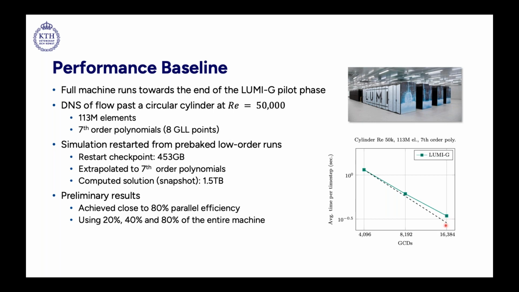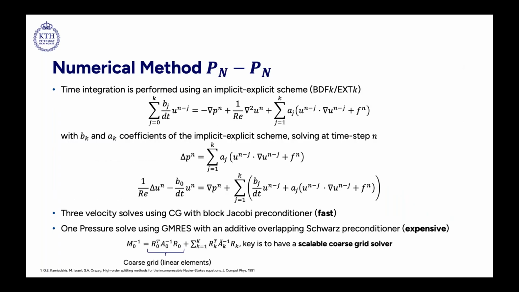We really wanted to close this gap such that we can then potentially scale even further on bigger machines like Frontier. So we went back looking at the numerics. What we do in every time step is that we're basically solving 4 sets of linear systems. We are solving 3 velocity components, 1 for each direction. That's done with a conjugate gradient method using what's called a block-Jacobi preconditioner.